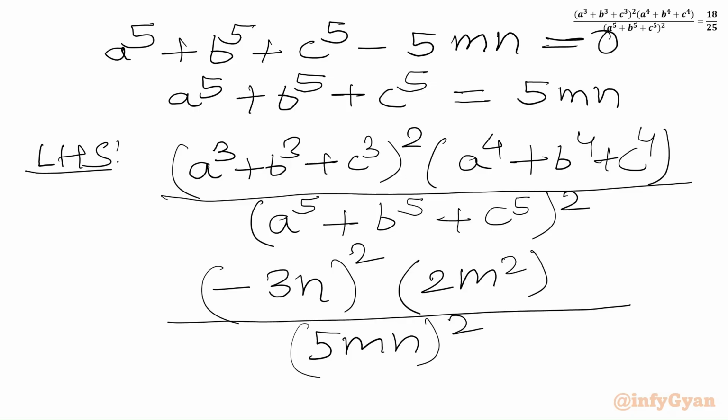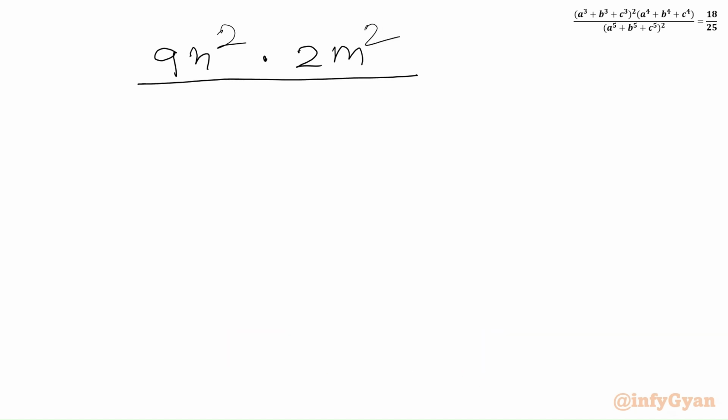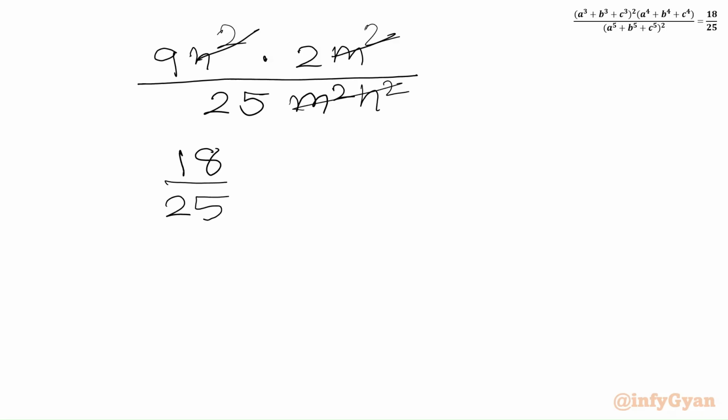Then we have 2m square in the numerator. So let me write here 9n square times 2m square in the numerator. Denominator is 5mn whole square, so I can write 25m square n square. These two we will cancel from the numerator. So we will be getting 18 over 25. I can write here, hence proved.